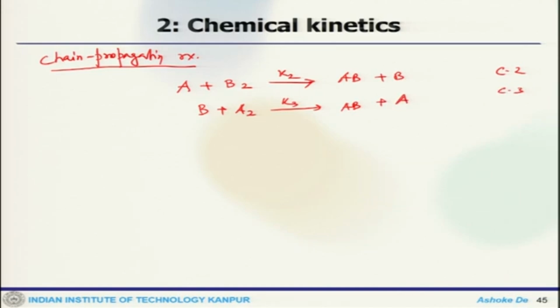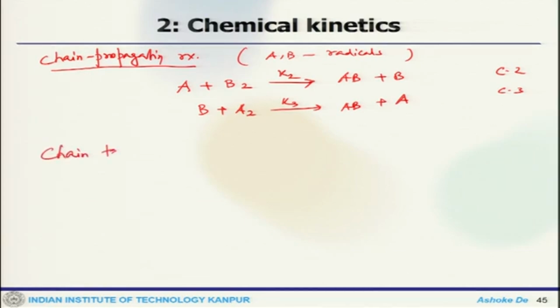So, once you first get the chain initiation, after initiation there is a propagating reaction which will actually form the radicals. So, essentially A, B, these radicals are formed.